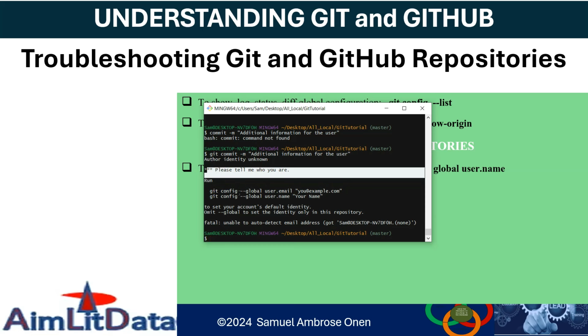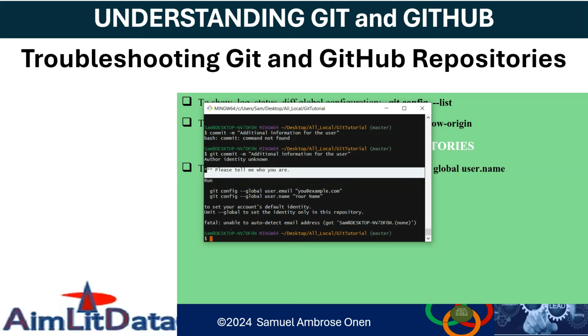To do that, run git config --global user.email and then put your email, and then git config --global user.name to write your name there, to set your account default identity. You see, Git is telling us even what to do. I have undone that already. I took everything, but it's now telling me to do what I have undone.